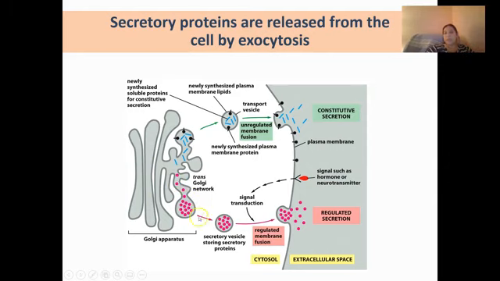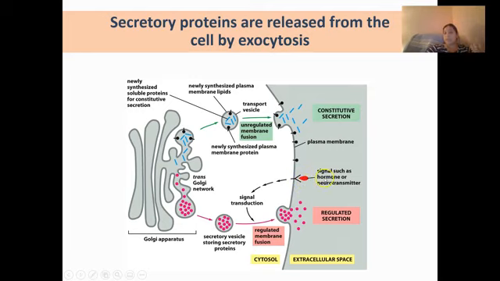And then you have the secretory vesicle getting budded off, where the sorted secreted proteins are going to then go and fuse into the regulated membrane so that that secretion can be done towards the extracellular space. This process is sometimes controlled by the activation of certain receptors through an external signal to begin with.